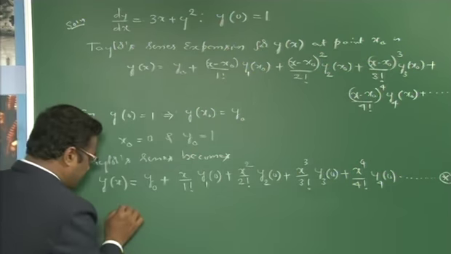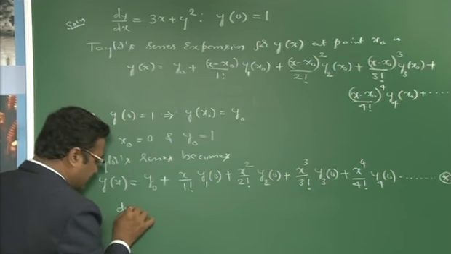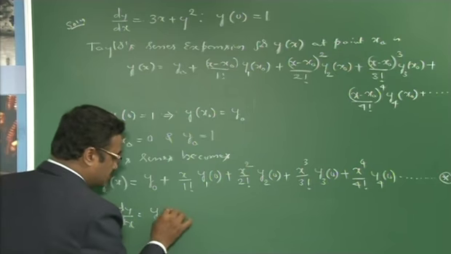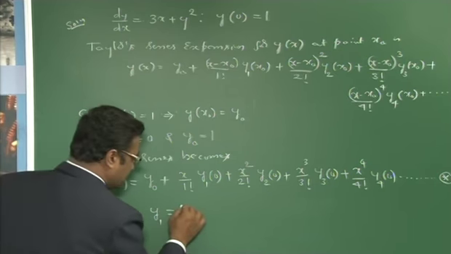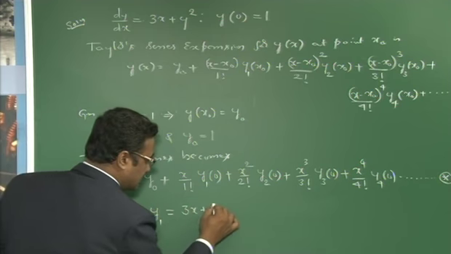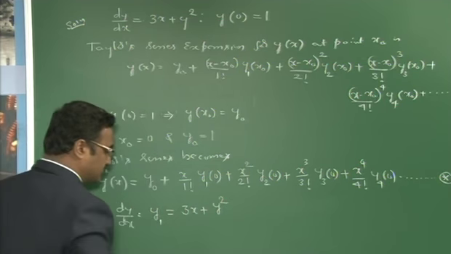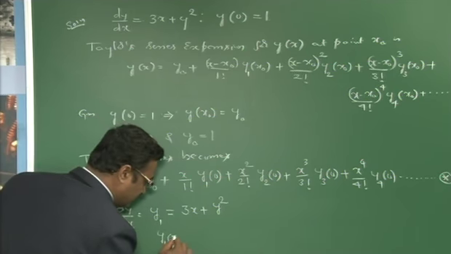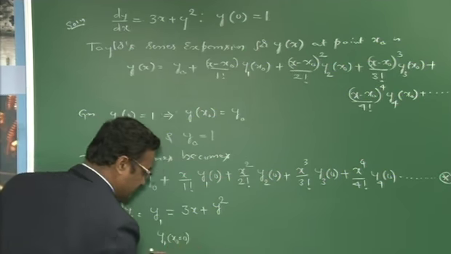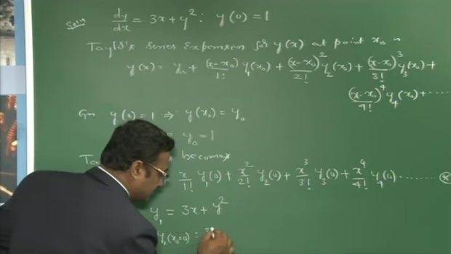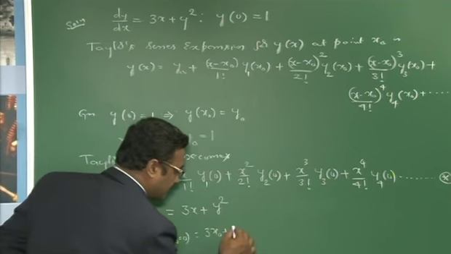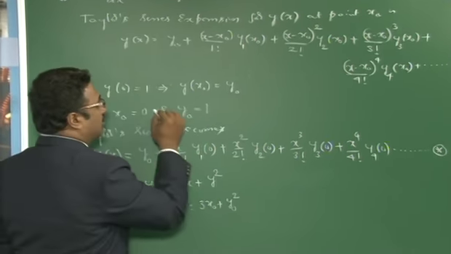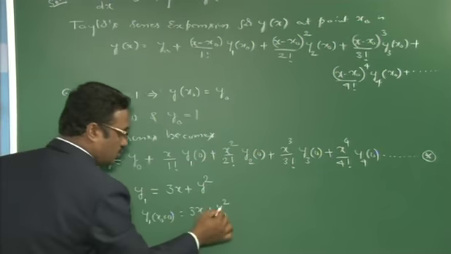Then the derivative dy by dx we are simply calling y1, which is equal to 3x plus y square. Now at the point, y1 of x naught equal to 0 is equal to 3x naught plus y naught square. In place of x naught you put 0, in place of y naught you put 1.